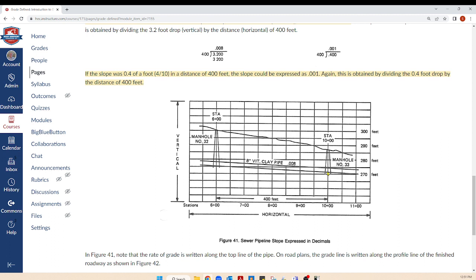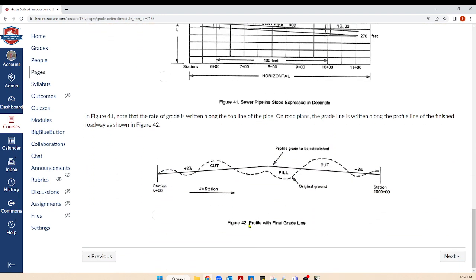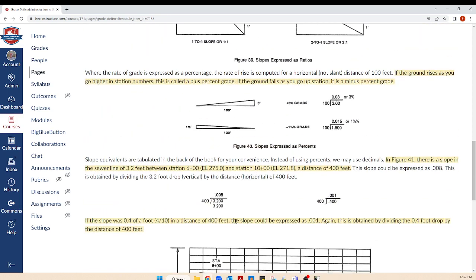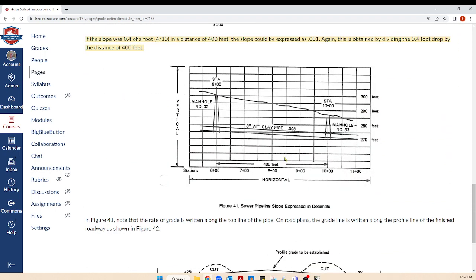That's like 272. I want to know where they got that 0.008. It's not going to tell me. So let's see if we can figure it out. We're not going to give up yet.